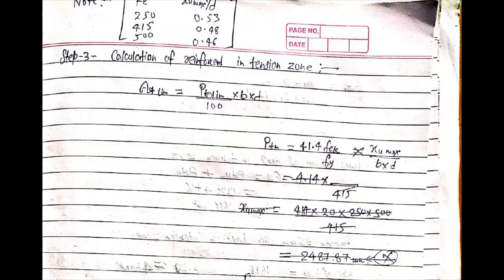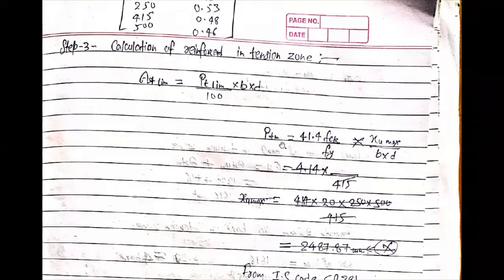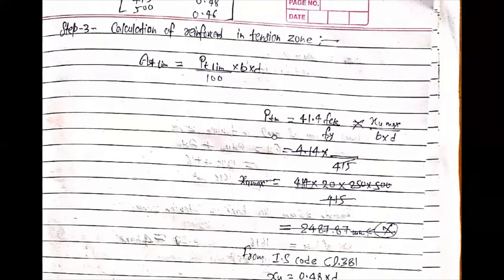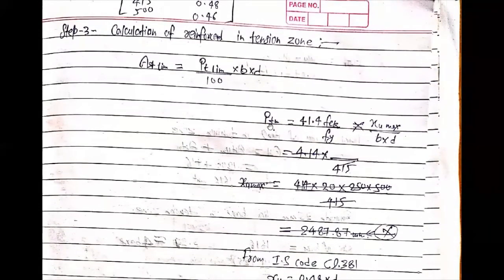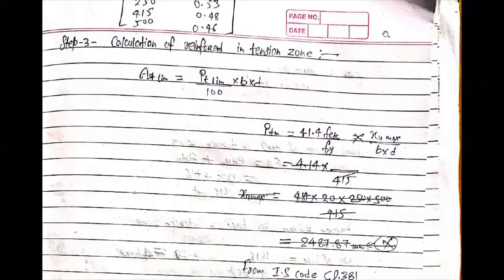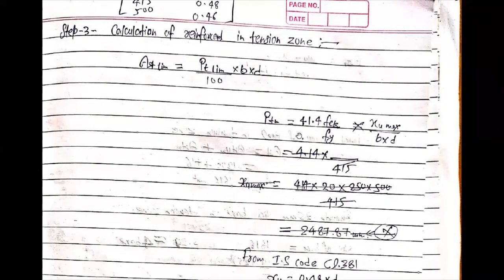Percentage of steel pt lim is given by the formula 41.4 fck by fy multiplied by xu max upon bd.